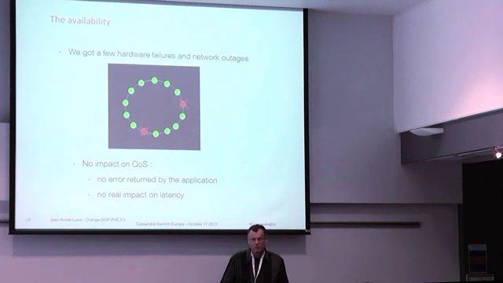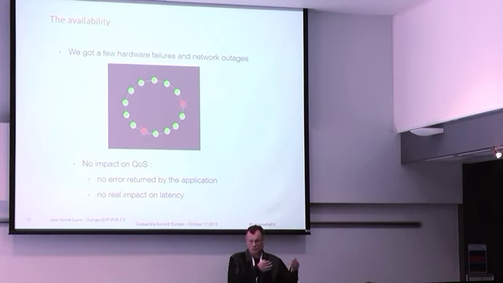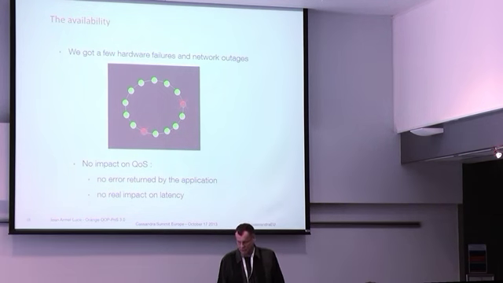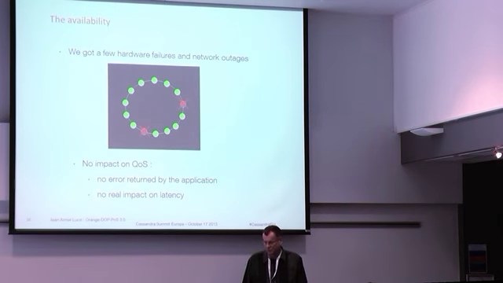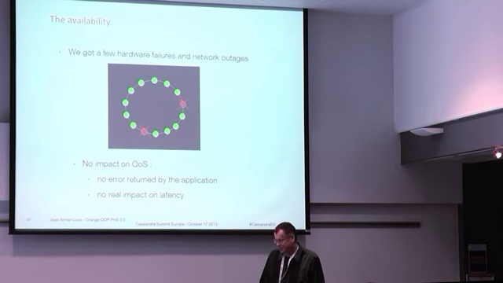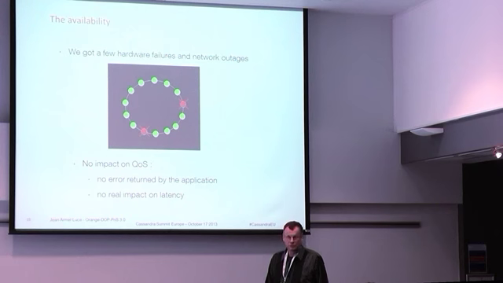In that case, I have to say that when Cassandra returned an error, the application tried to resend the same query to another node. That's the reason why there was no error, and not really an impact on latency either. So he returned to sleep. And the node stayed down for a few hours without any problem.